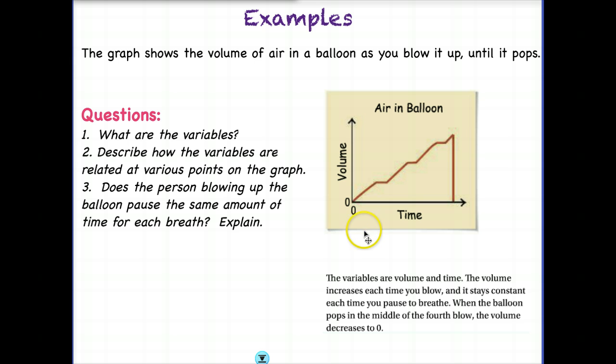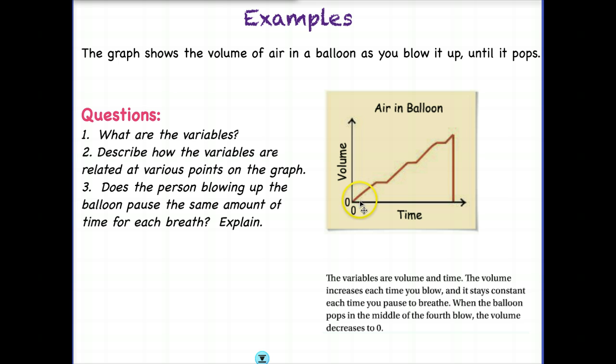Now, describe how the variables are related at various points on the graph. Well, the volume increases each time you blow up the balloon. Picture yourself blowing up a balloon. Every time you pause to take a breath, the volume would remain constant, assuming you had the top of the balloon pinched closed.